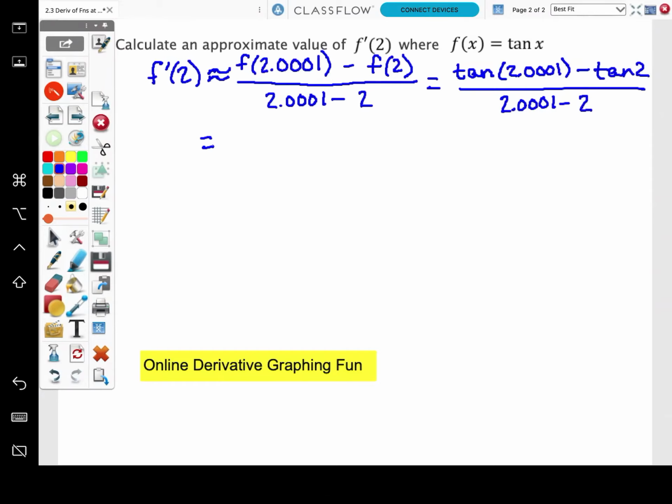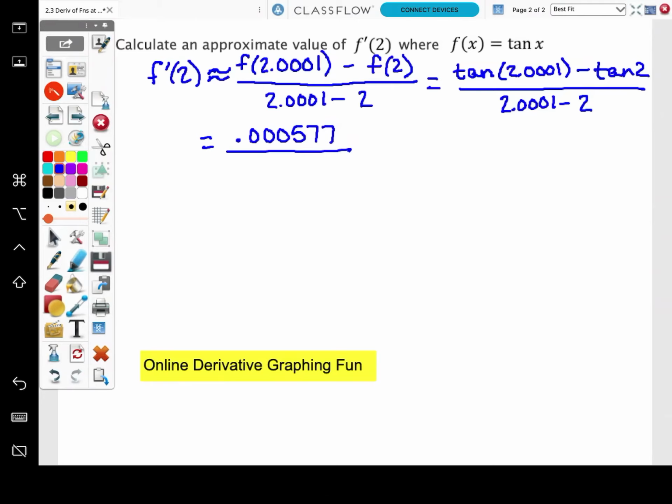And calculating that, make sure you are still in radian mode for calculus. The tangent of 2.0001 minus tangent of 2 altogether is 0.000577. I don't want to round too much there.